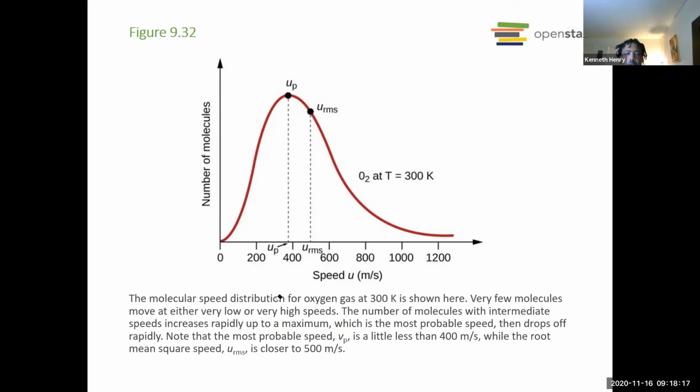This represents the distribution of all of the different molecules, and all of these molecules can technically have different speeds because each molecule is slightly different from each other. In theory, they're the same.